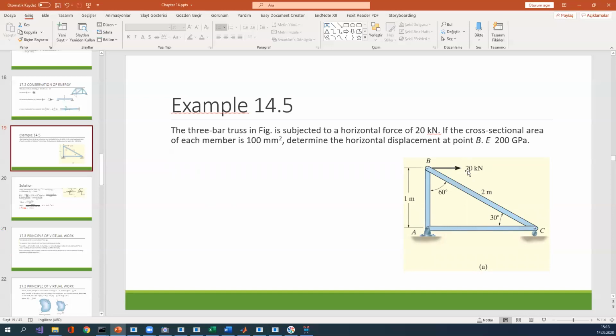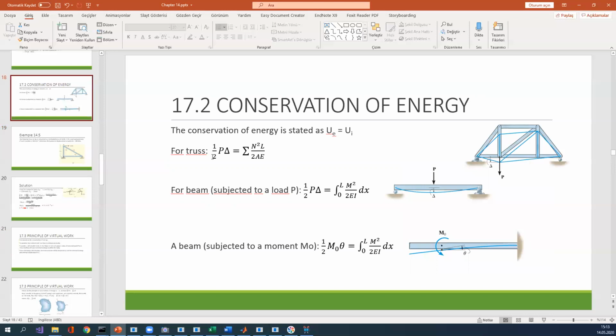If we wonder about the vertical displacement at point C, unfortunately we cannot use the conservation of energy principle. To use it, both the energy and the point load should be in the same location. In a different location, we have trouble.